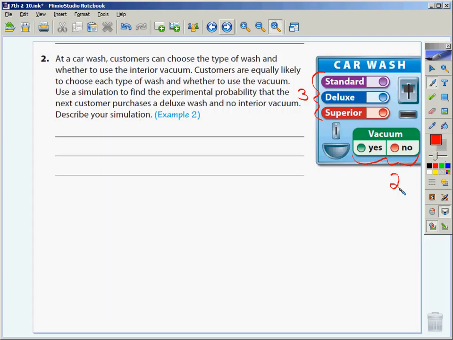Okay? First off, let's talk about things that simulate 2 really well. What can I use to simulate something that has 2 outcomes? Flipping a coin. Flip a coin. Heads, yes.